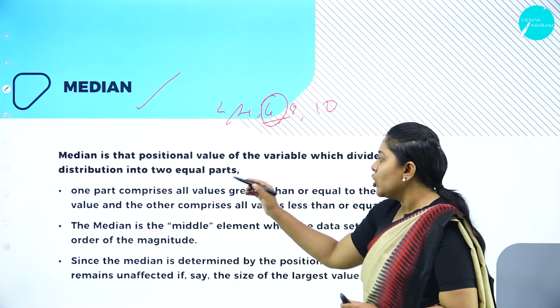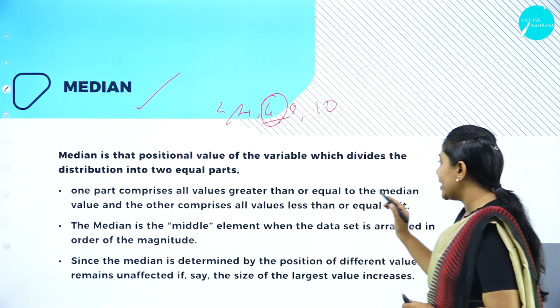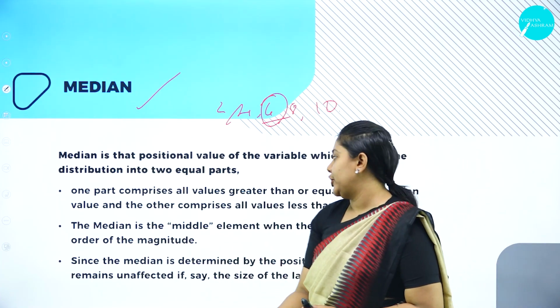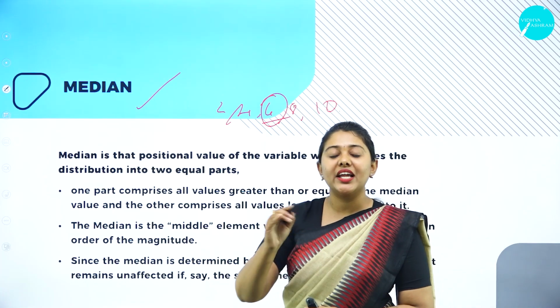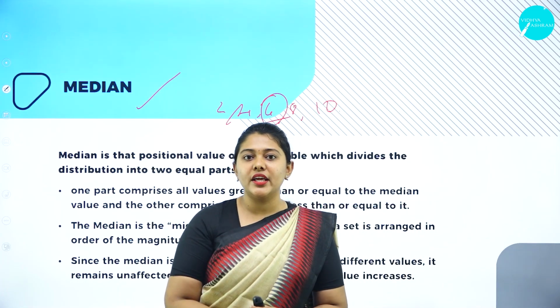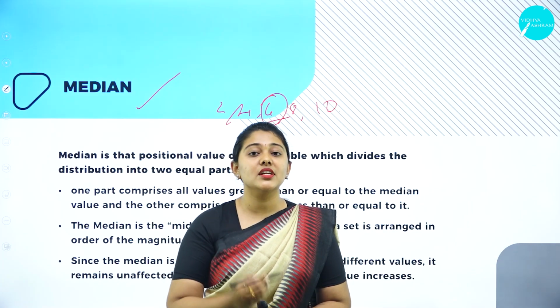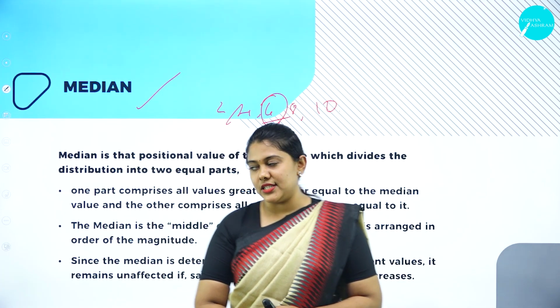As I have told you, one part comprises all values greater than or equal to the median, the other comprises the lesser values. To find out the median, what you have to do, you have to arrange the data into ascending order. When we look after the problems, at that time we'll be discussing how you can arrange the data and then compute the median.